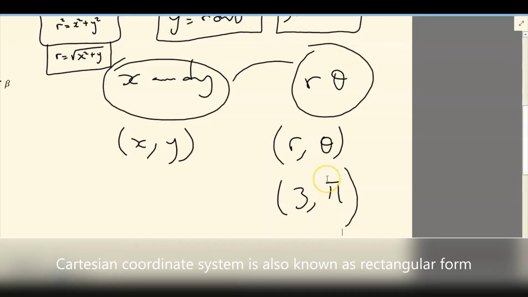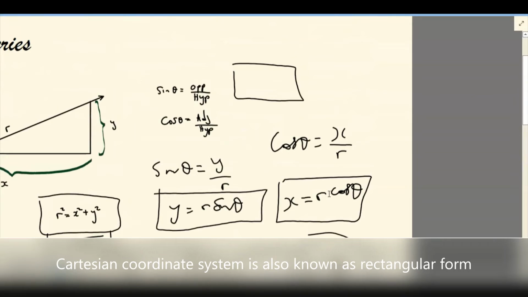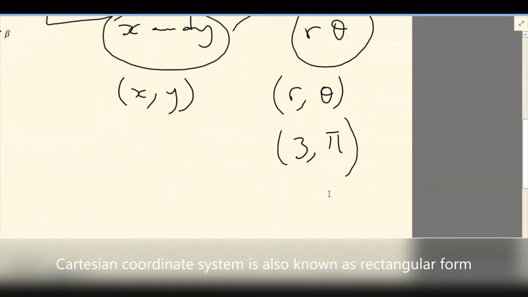Then they are telling you to convert this point into rectangular form. It means you've been given the radius r as 3 and pi as the angle theta. Okay, what we should also know about theta is what we already wrote up there.